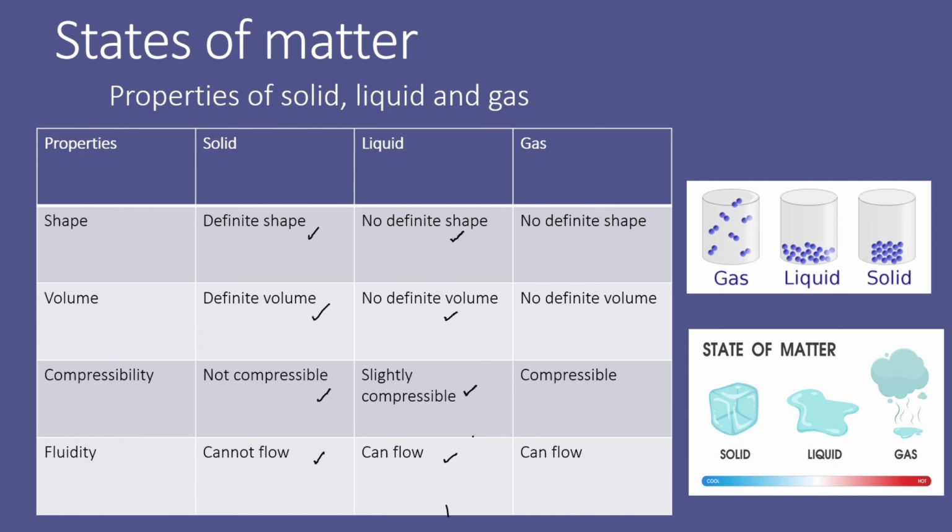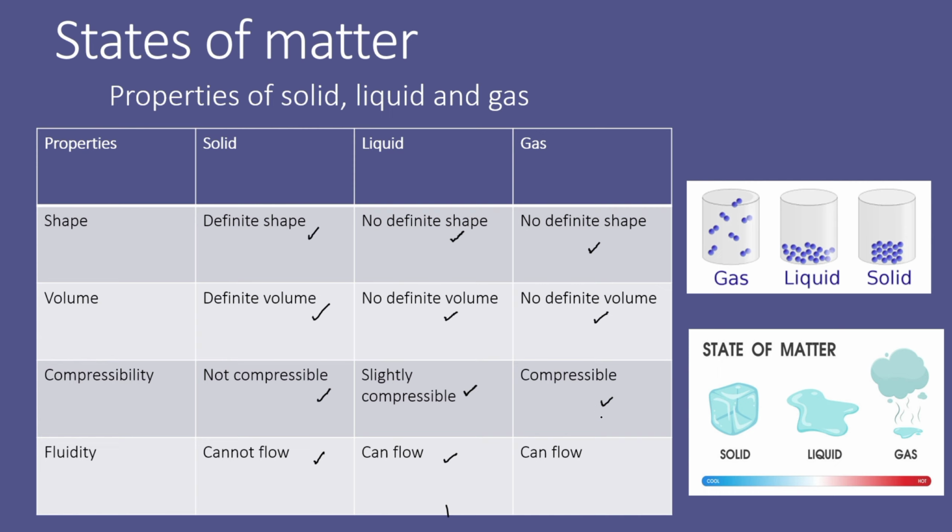In the case of gases, the particles are far apart from each other. So gases do not have a definite shape or definite volume. But gases are compressible, since there are large gaps between the gas particles. The particles are quite far away from each other, so gases can be squeezed or compressed.